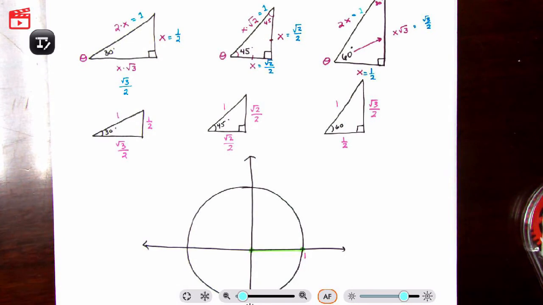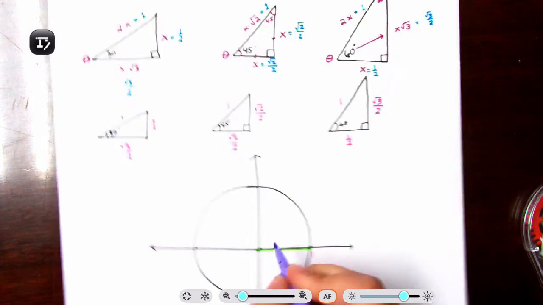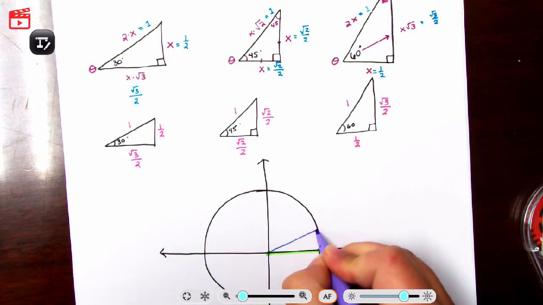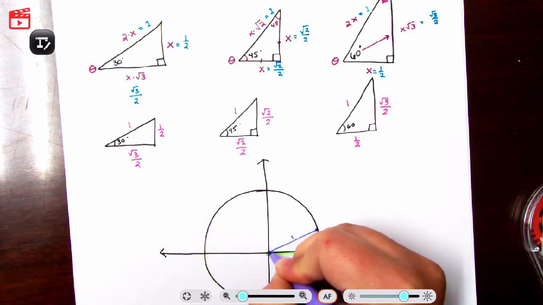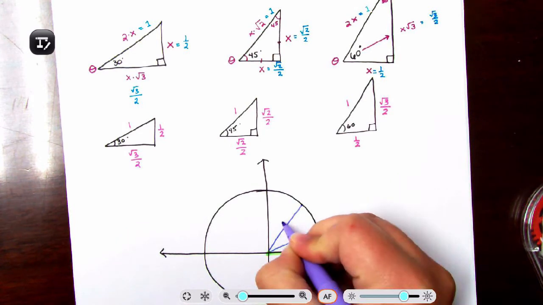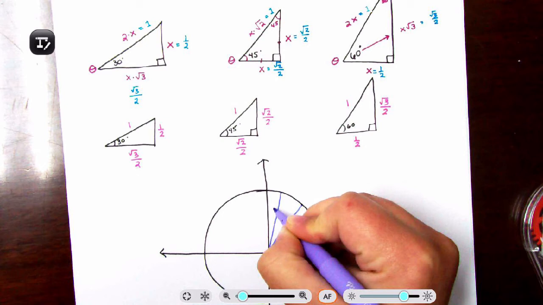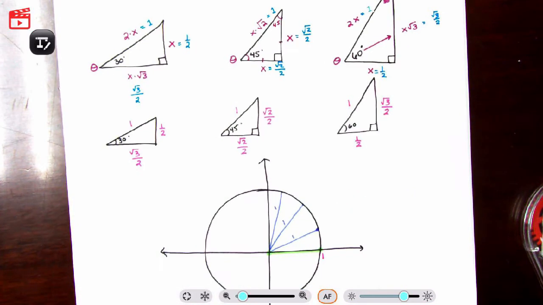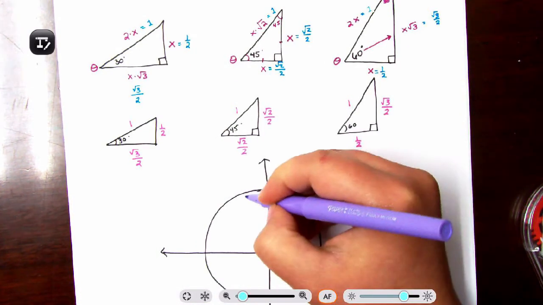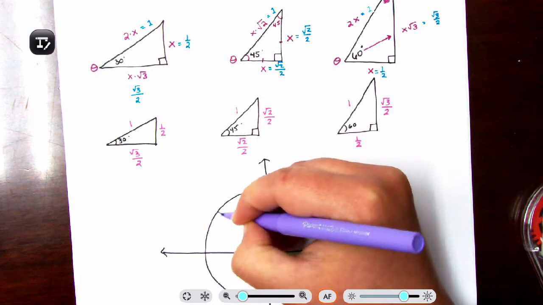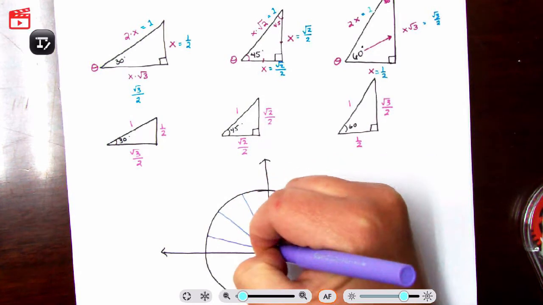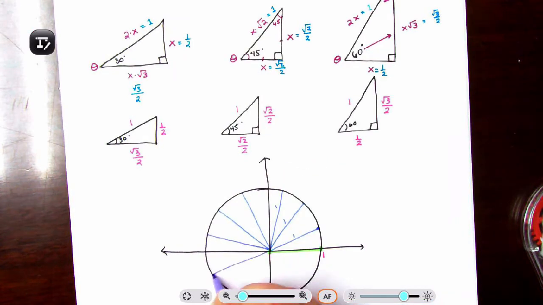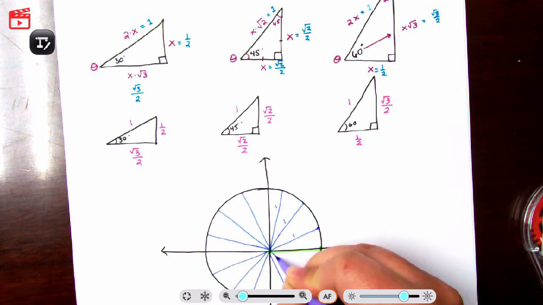And again, the distance from 0 to any point on that circle. So if we do 1 here, that's going to equal 1. And if we do 1 here, that's going to equal 1. And if we do 1 here, that's going to equal 1. All of this is the hypotenuse to your triangles. So all of these lines here are equal to 1.